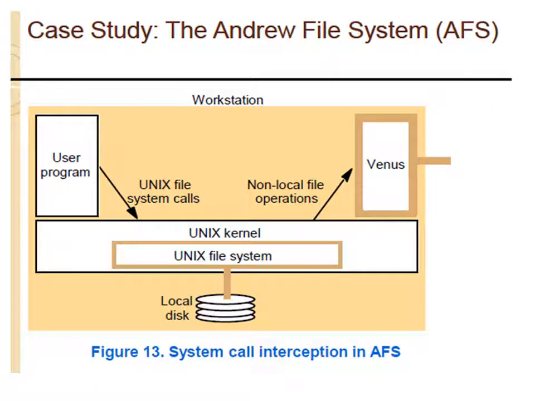See, the user program under Unix uses the Unix file system calls, and the non-local file operations are performed by Venus. This is under the workstation: the Unix kernel, the Unix file system, and the local hard disk of the workstation.